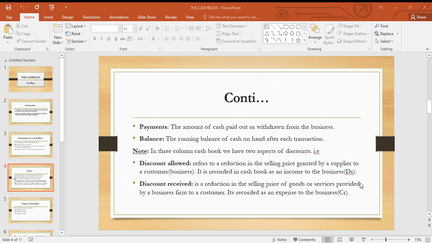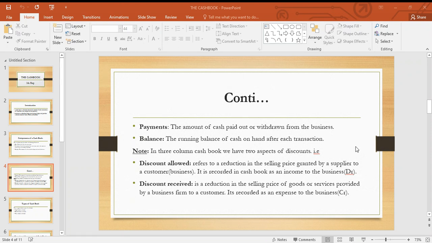Here in discount received, when a customer comes and purchases a product, let's say for 100, but we offer the customer a selling price of 90. At first we were selling at 100, but now we are selling at 90. So we record that 10 shillings as discount received. We credit, we take it as an expense to the company.